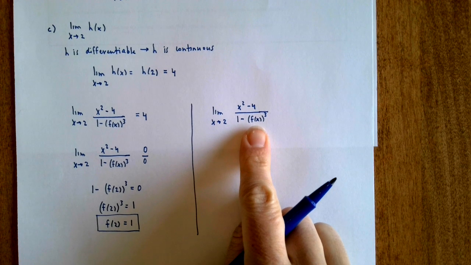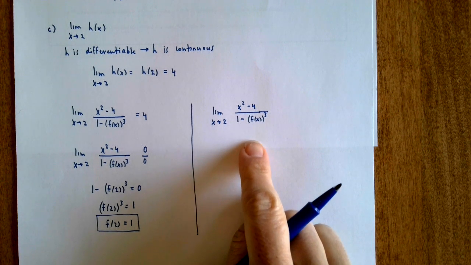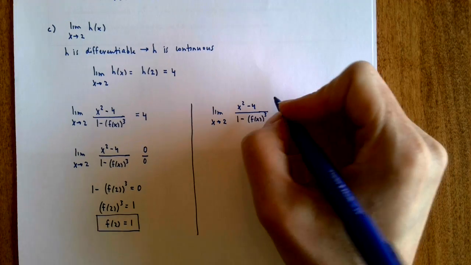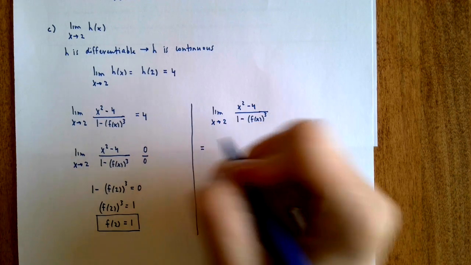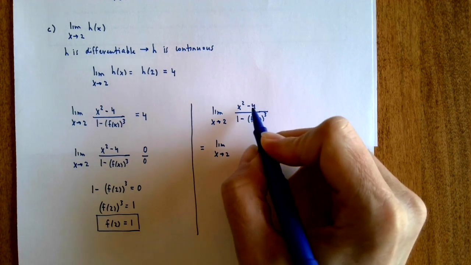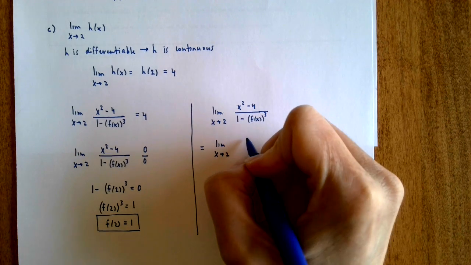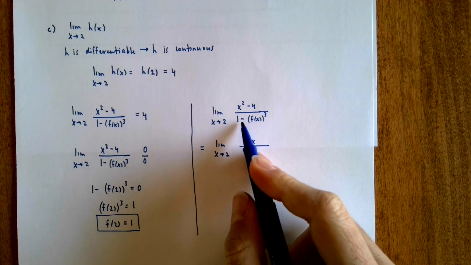Since we need L'Hopital's rule to evaluate this limit, I'm going to go ahead and apply that here. So since this indeterminate form was 0 over 0, we're going to apply L'Hopital's rule. So L'Hopital's rule says we're still taking that limit, but we're going to take the derivative of the numerator. That's going to give us 2x.